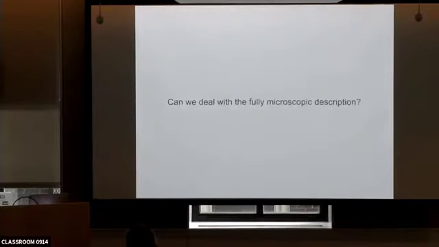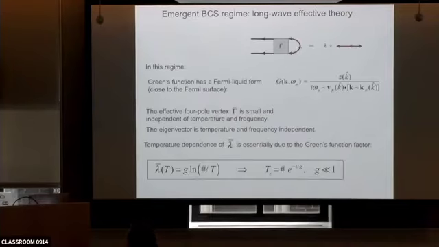Now comes the question, can we essentially promote this very simple, very visual theory of Cooper instability to the microscopics? Can we actually start with diagrammatic Monte Carlo microscopically and end up with something in which everything in this formula will be calculable?